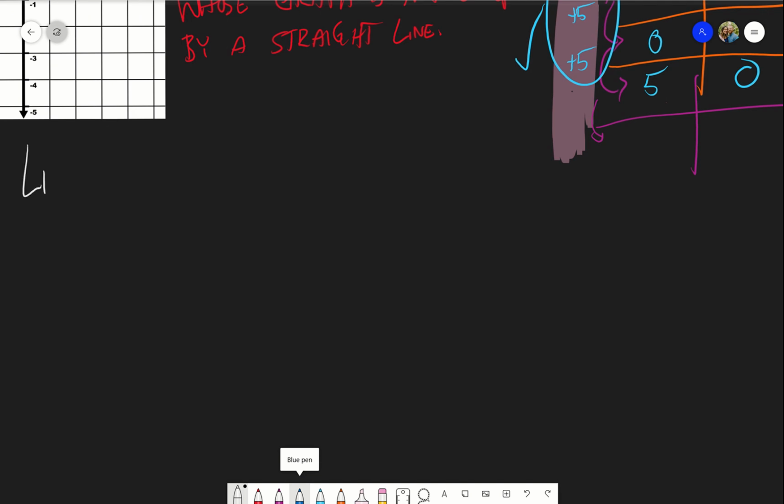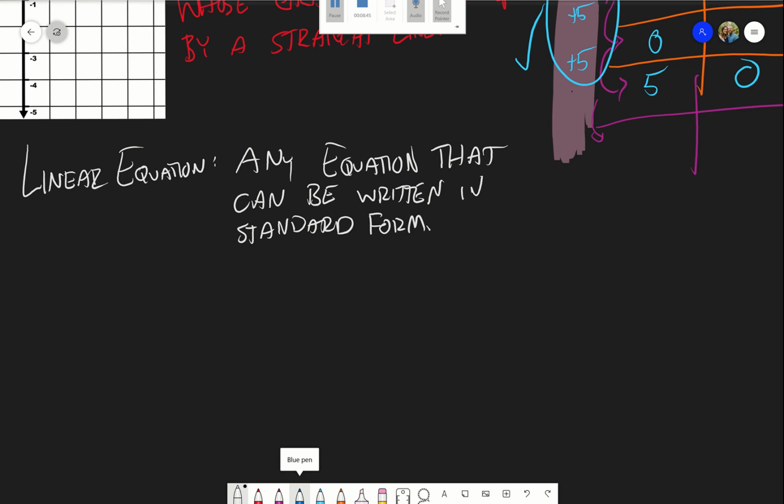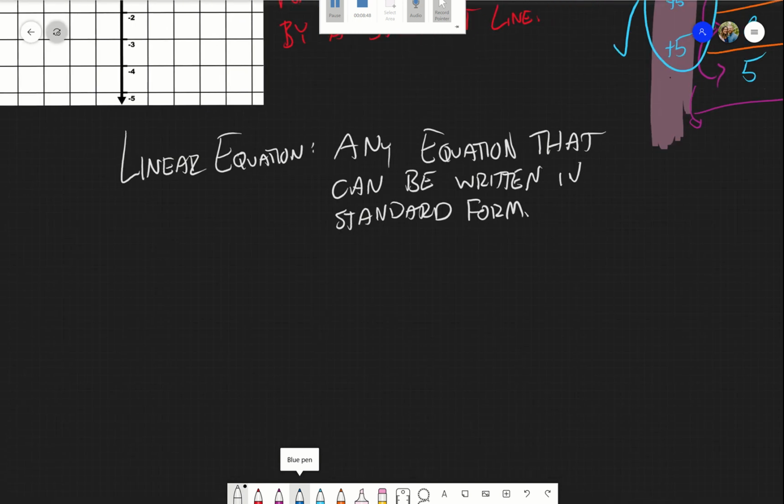A linear equation is any equation that can be written in standard form.